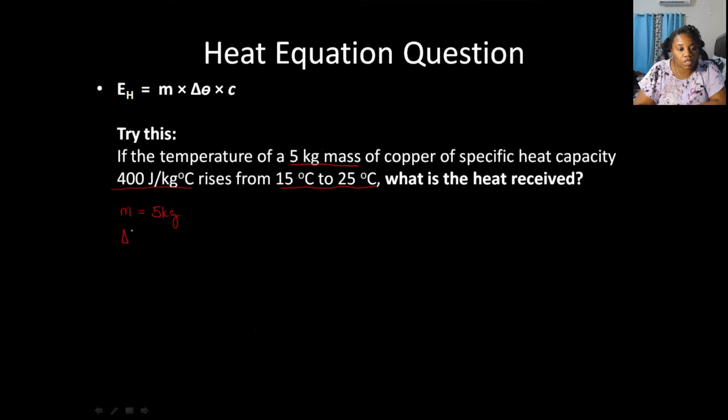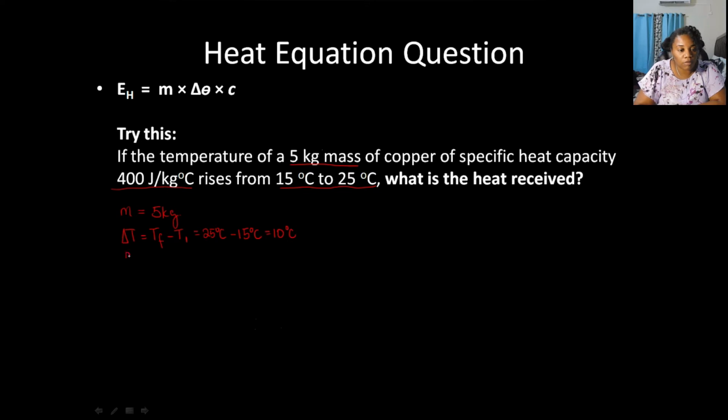The temperature change is usually T final minus T initial. And in this case, the final temperature is 25 degrees Celsius and the initial is 15, and that will give us 10.